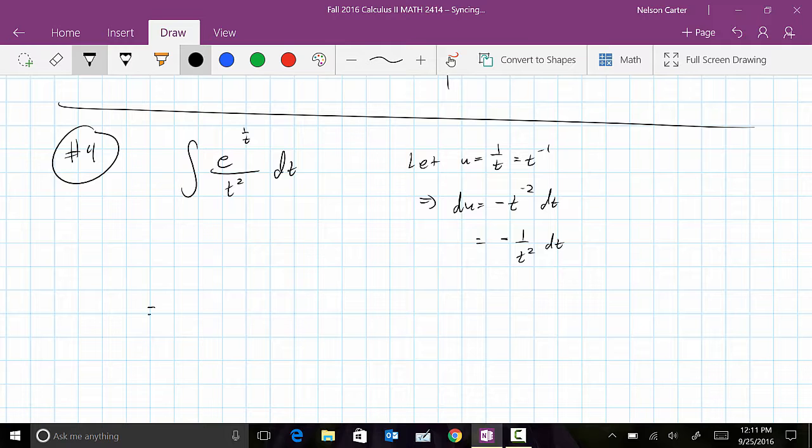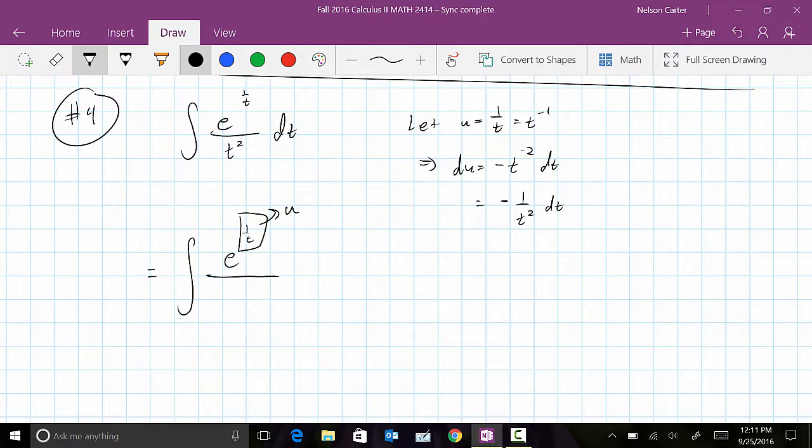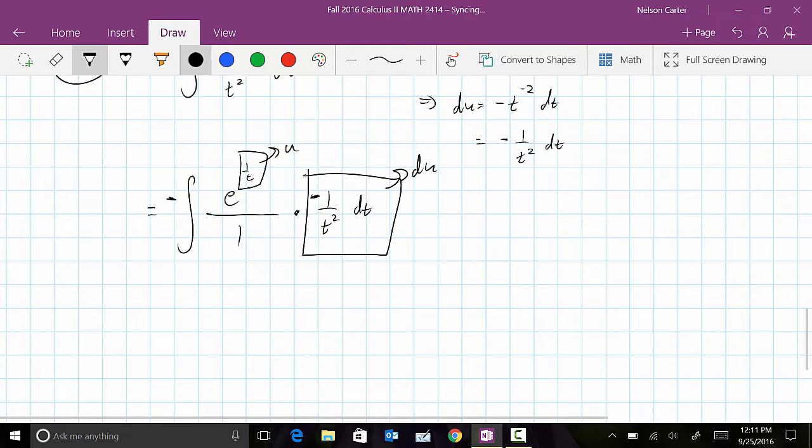But if we look here, then this is the integral of e to the power 1 over t, and remember that this is going to become u, and then this is multiplied by 1 over t squared dt. Now if I put a negative here and then a negative there, then now this part becomes du. And so now this whole integral becomes negative the integral of e to the power u du.